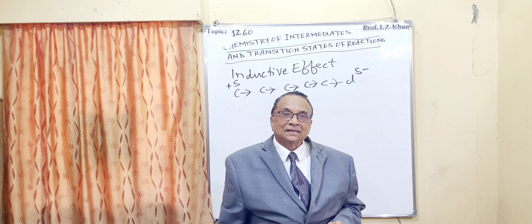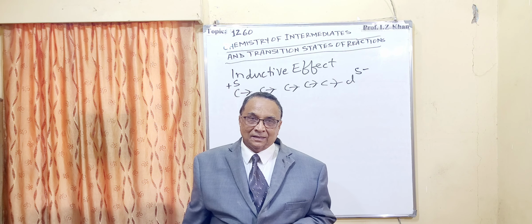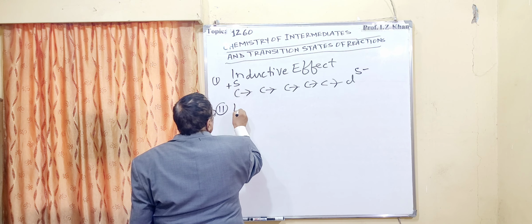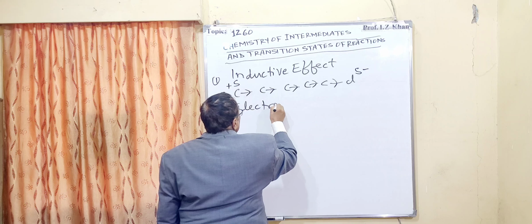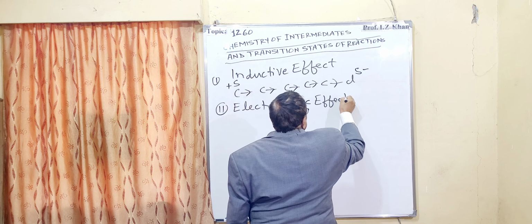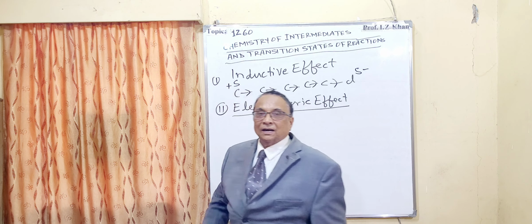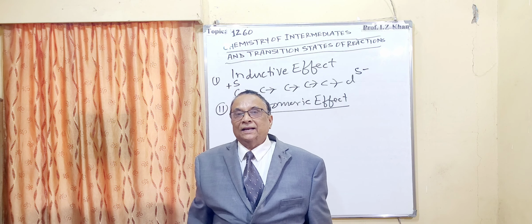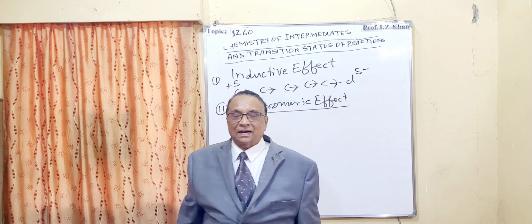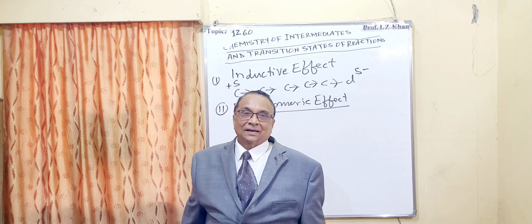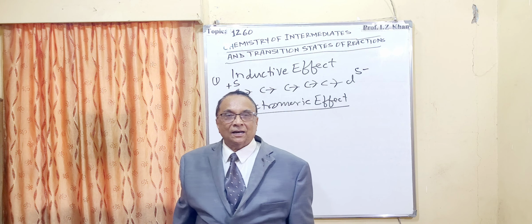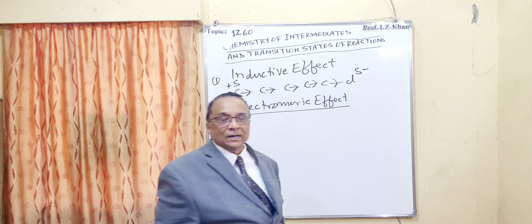The second is called the electromeric effect. This effect is temporary, and it is found only when reagents are there and on demand of a reagent, and for this there should be pi electrons, mostly in double bonded compounds.